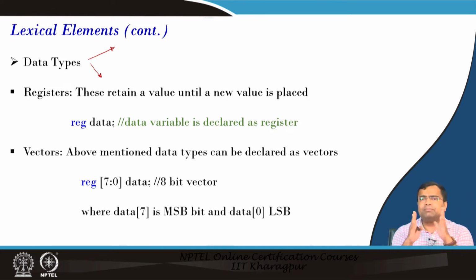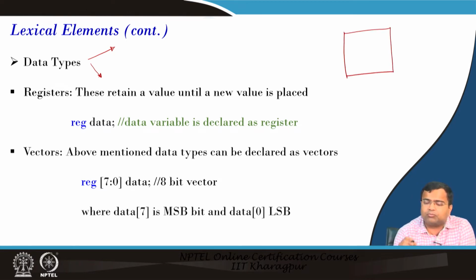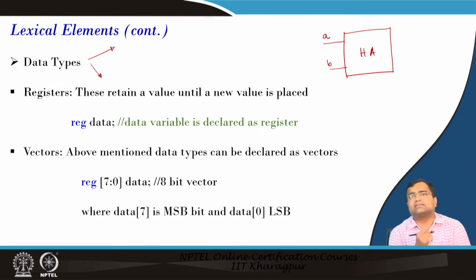Generally, for an input port, whenever you are taking data, you cannot put a register, because whatever the input is sending should come directly to your block. For example, if you are talking about a half adder circuit, suppose A and B are coming, you do not know where they are coming from. They may be coming from a synchronous block, or from a combinational logic block. So we should not put a register there.